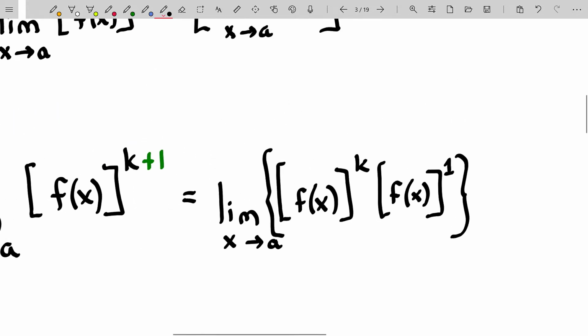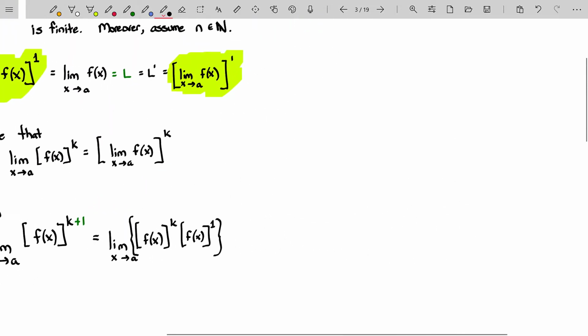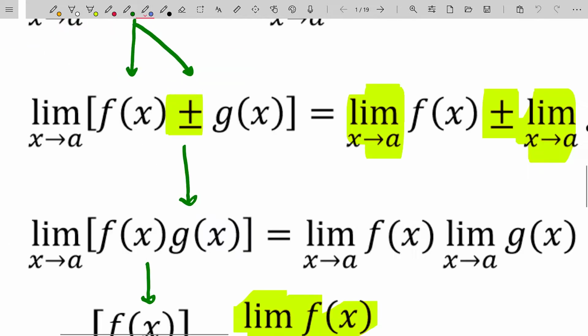Now, we happen to have a limit law that I'm going to allow us to use. One of the limit laws that we have is that if you have a product within a limit and each of those subsequent limits are finite, you can break it apart. Let me just showcase it. So what I'm saying here is you have the limit of the product of two functions.